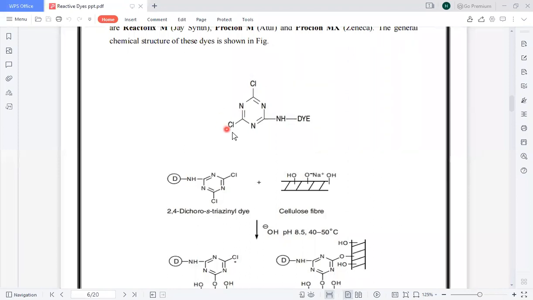This one is a triazine system, and these are the chlorine substituents that are attached to the triazine system. And this one is the bridging group, and this is the chromogen or the dye part. So a typical triazine system looks like such a structure.